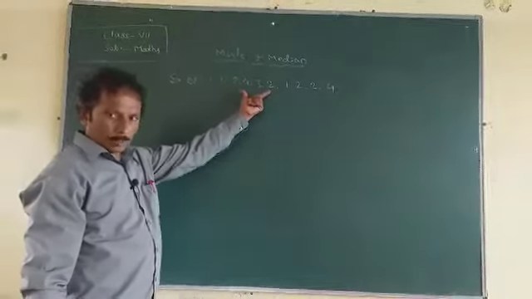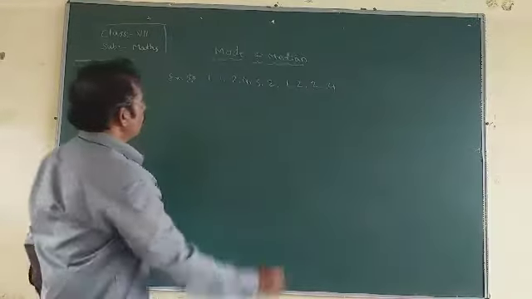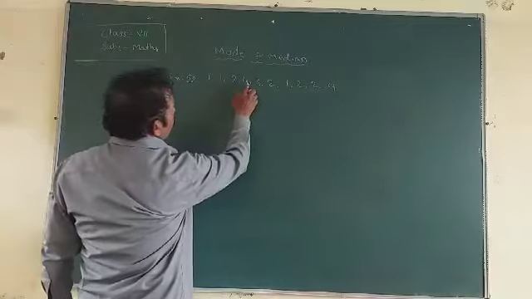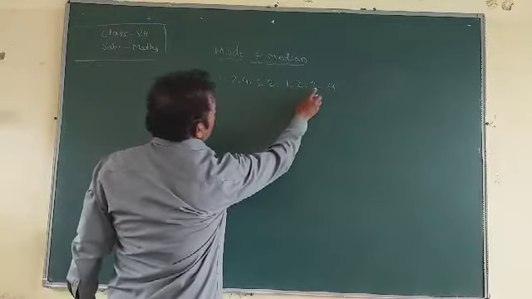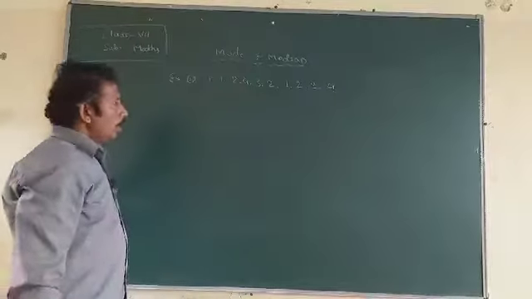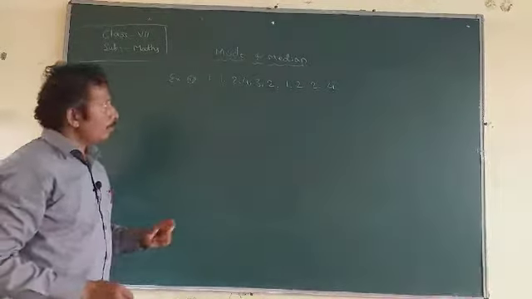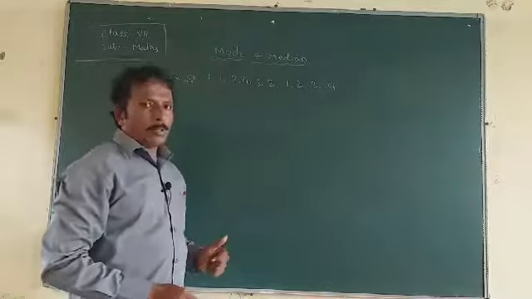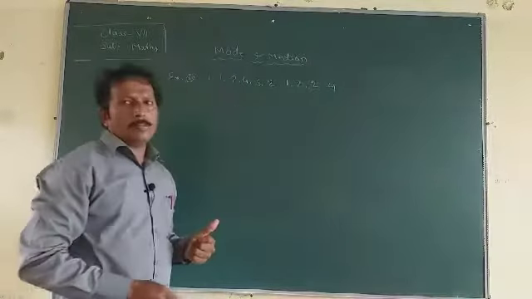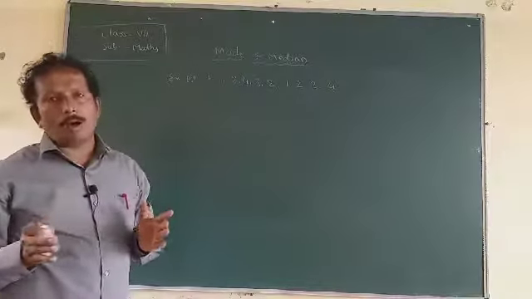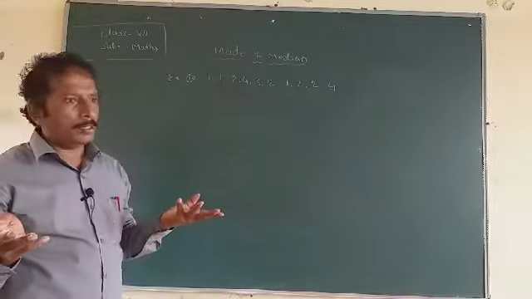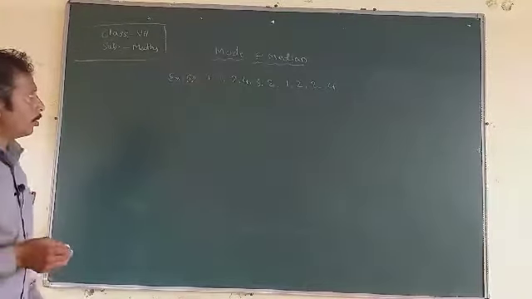These are the observations we are given: 1, 1, 2, 4, 3, 2, 1, 2, 2, 4. Write these given observations in any one order. It may be ascending order or it may be descending order.